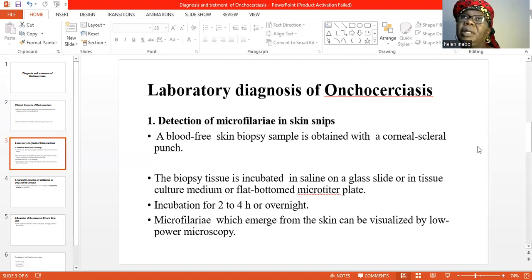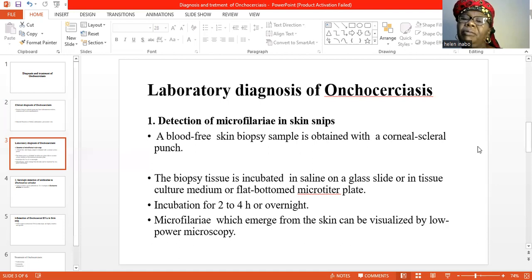And this is incubated for 2 to 4 hours. If need be, after this incubation, slides can be prepared and observed under low power microscopy, and emergent microfilariae can be seen.